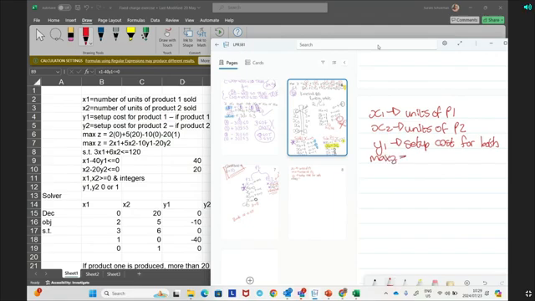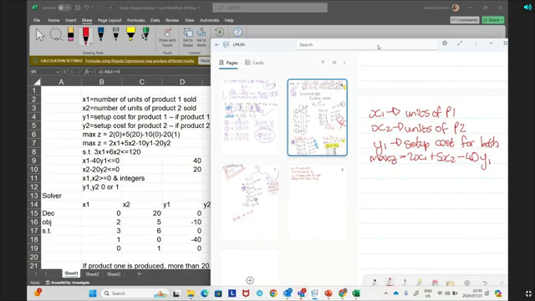Then our max Z is still going to be 2x1 plus 5x2, but it's now $40 for them both. But just like I explained, if it's $40 for each, it's just the same value, then you'll have a Y1 and a Y2.